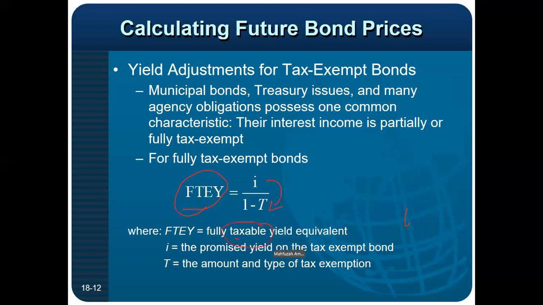Basically, we want to know how much the interest rate is without deducting the tax. So it is FTEY, the fully taxable yield equivalent.